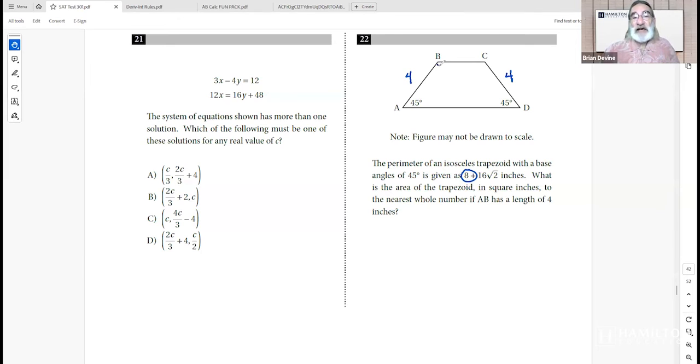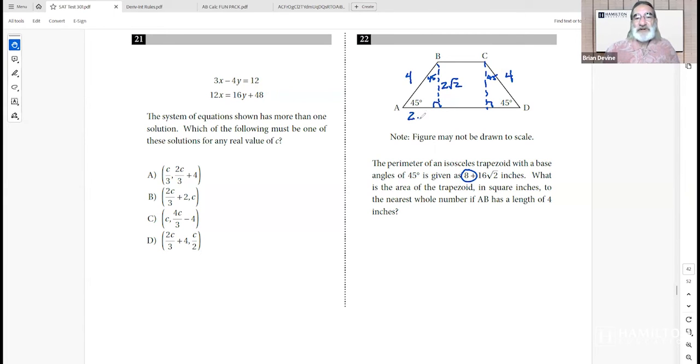And if I drop the altitude from B and C, I know something right away. I've got 45, 45, 90 right triangles. And so if the hypotenuse is 4, then we must have that the height of this thing is 2 root 2.